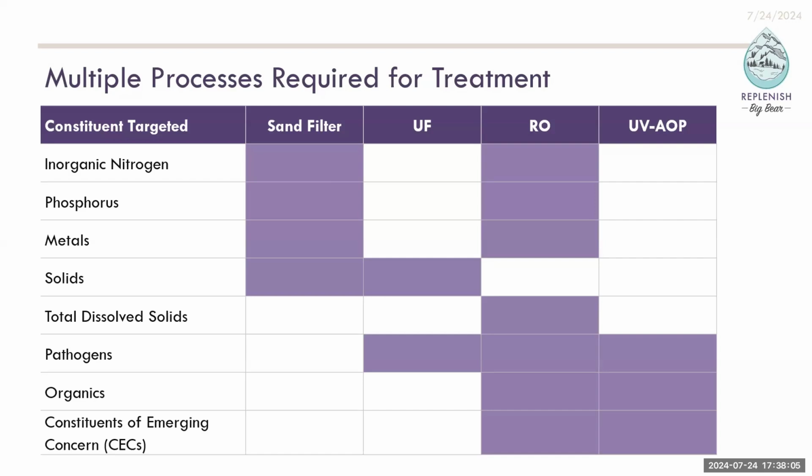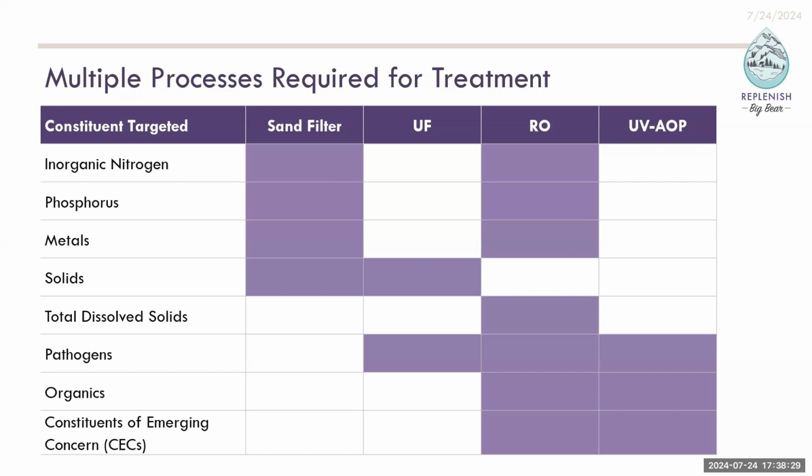The only reason solids isn't there is because pretty much all of the particulate solids that are not dissolved are removed upstream. So that includes organics and constituents of emerging concern for the RO system. And then lastly, UV AOP, that ultraviolet advanced oxidation process, takes care of the remaining pathogens, organics, and CECs.